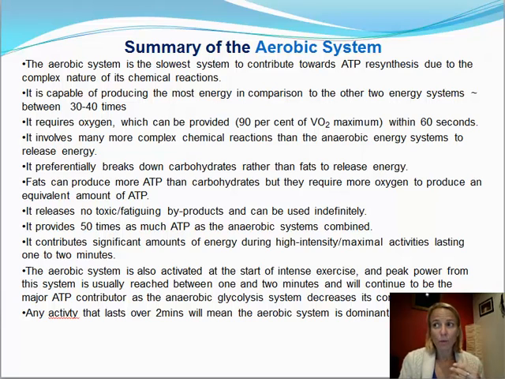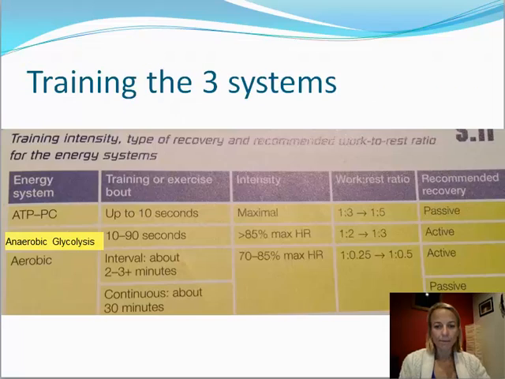It just doesn't contribute very much, because when we start exercising, if it's very intense, our body is mainly producing energy anaerobically because we're in oxygen deficit. Our heart rate hasn't been able to provide enough oxygen, but it is still contributing, although it's very small at the beginning, but it gets bigger as time progresses.